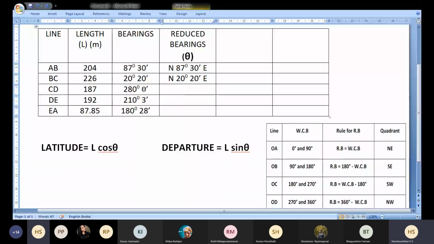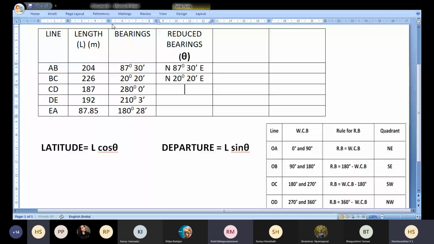So north 80 degrees, 0 minutes west. It is in northwest quadrant, that is between 270 and 360.